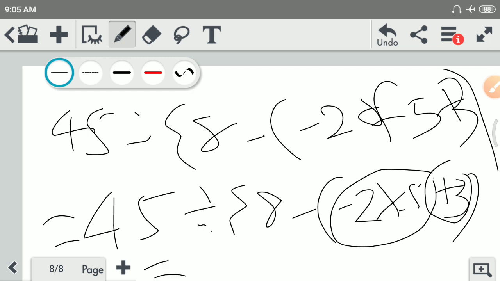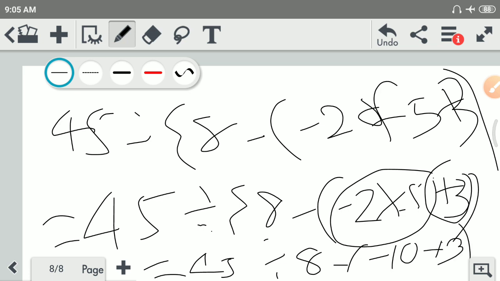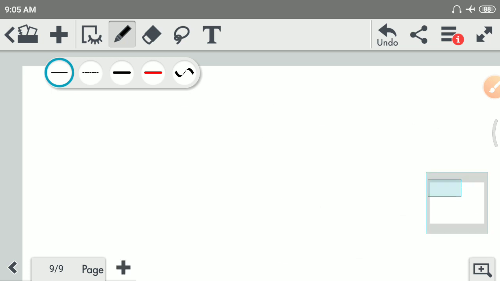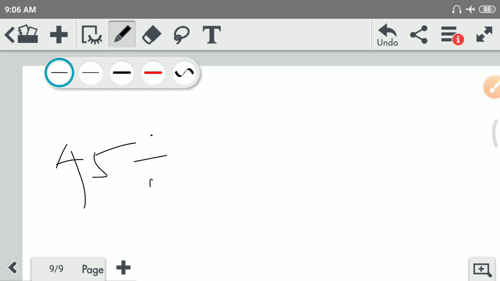Then what will happen? 45 divided by 8 minus 10 plus 3.